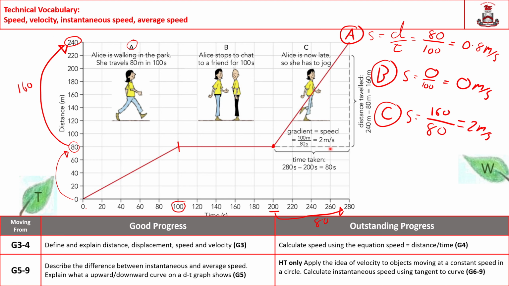So how far up the graph did you go divided by how far along did you go. And if you look at what we did, exactly that. How far up did the graph go? Well, it went 160 meters up. And how far along did it go? It went 80 meters along. But I'm sure your maths teacher will tell you the gradient is the change in y divided by the change in x.